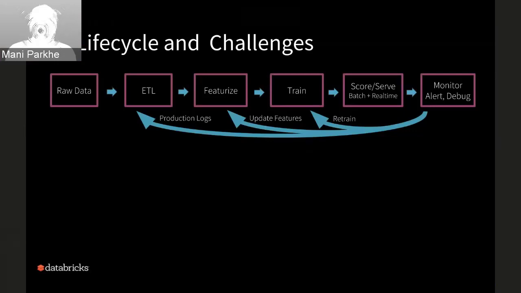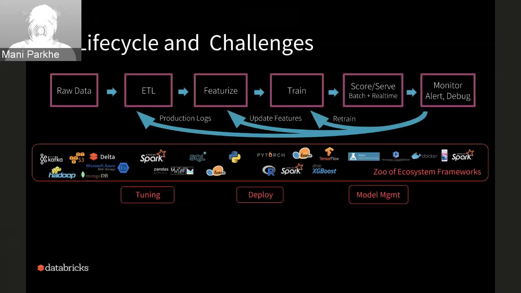Now let's say you go ahead and try to implement each of these steps in a machine learning lifecycle. You'd realize that there is a zoo of an ecosystem of frameworks for each of these. Your logs could be coming in from Kafka, and you may be using Spark to do all the heavy hitting and cleaning of data and featureizing. And then there is TensorFlow, traditional machine learning algorithms like scikit-learn and so on and so forth to train the data.